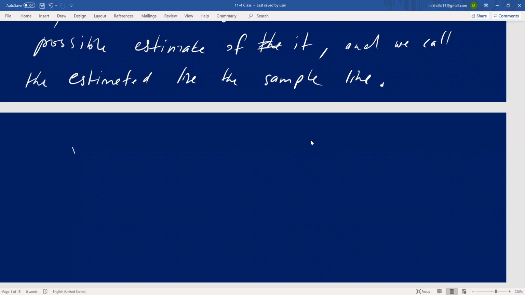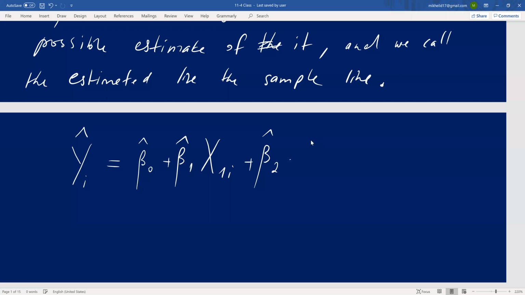It will be yi hat equals beta 0 hat plus beta 1 hat times x1i plus beta 2 hat times x2i plus and so on plus beta k hat times xki. So this is our sample line, right?